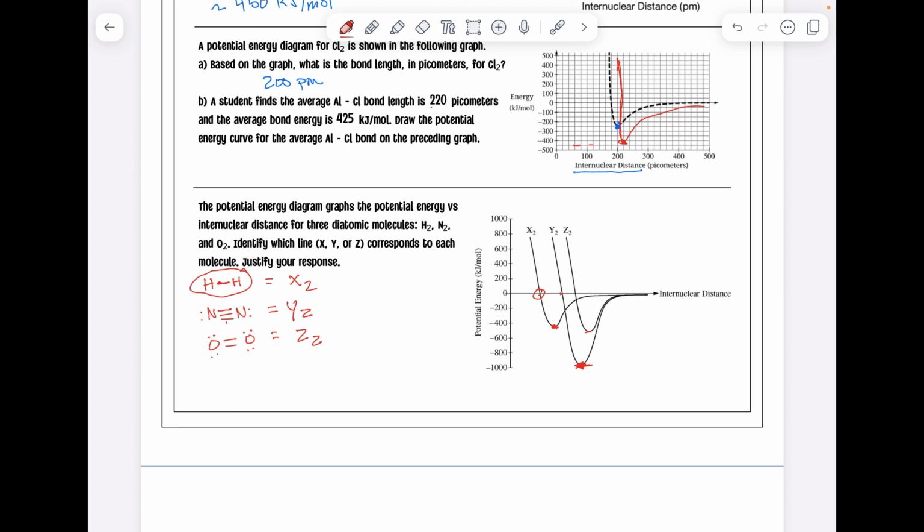And justify your response. You could explain that hydrogen has a small radius with a single bond.